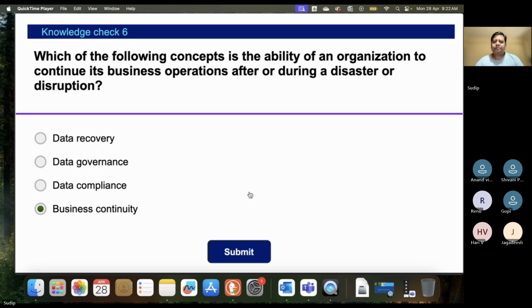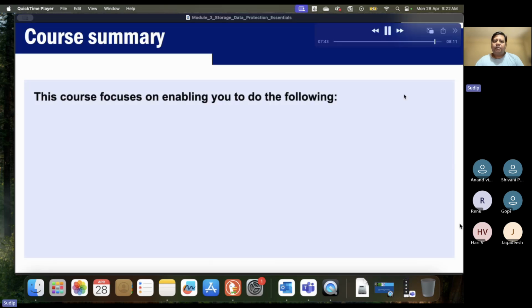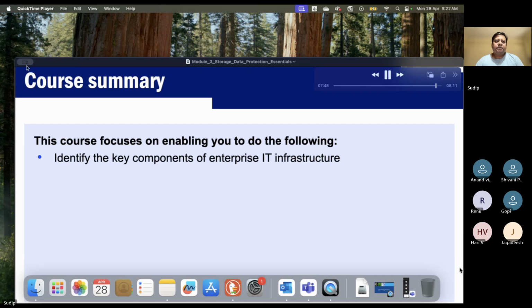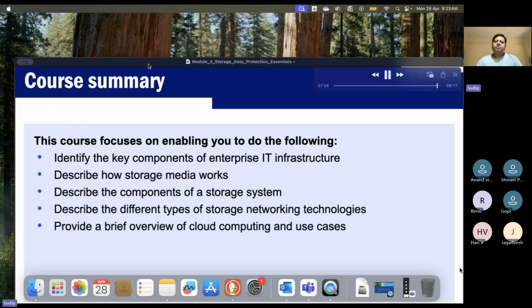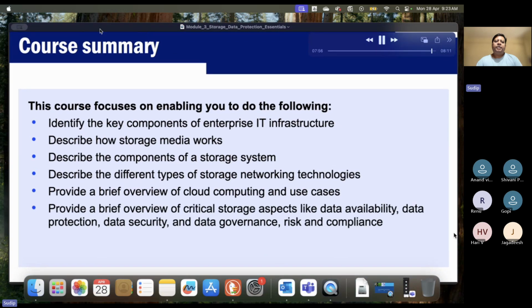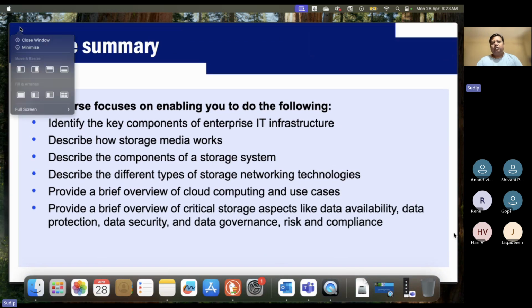Okay, so we come to the end of this course where we have understood how to protect the data both from component failure and also from outside and internal threats like somebody trying to sabotage. Great.